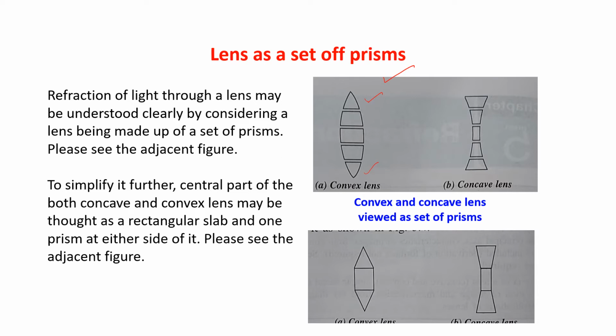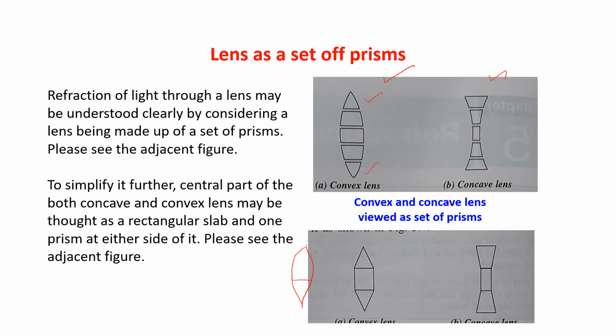The similar thing is happening with the concave lens also. Now to simplify it further, the central part of both concave and convex lens may be thought of as a rectangular slab and one prism at either side of it. So this is a convex lens.